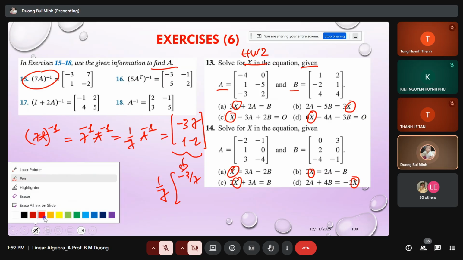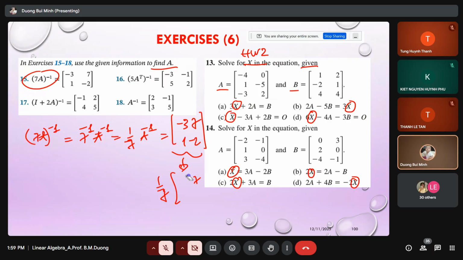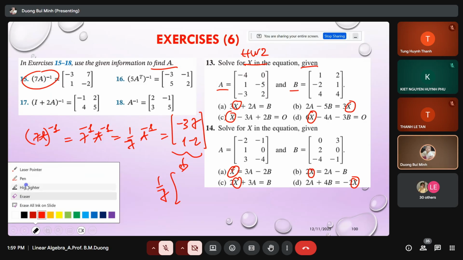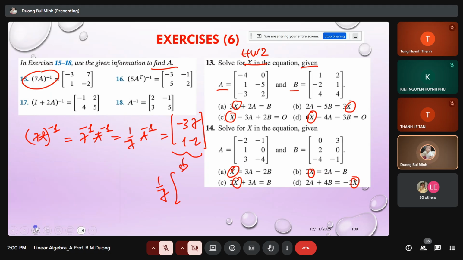No, what do we get? If we take 1 over 7 here, so here you get minus 21. This is 1. This one how many? 7, right?